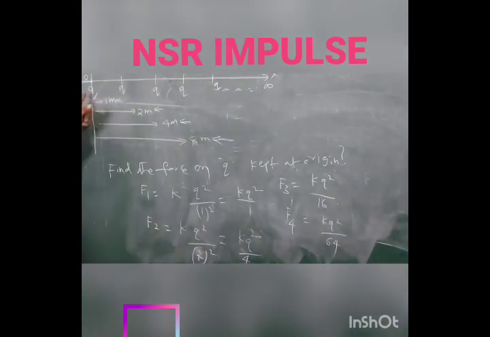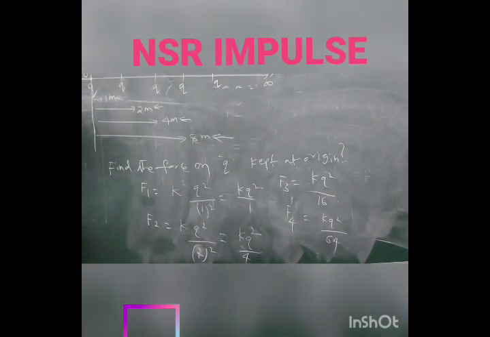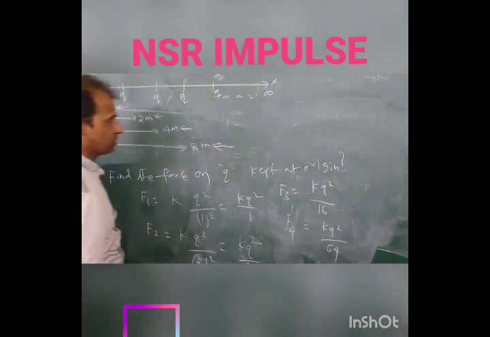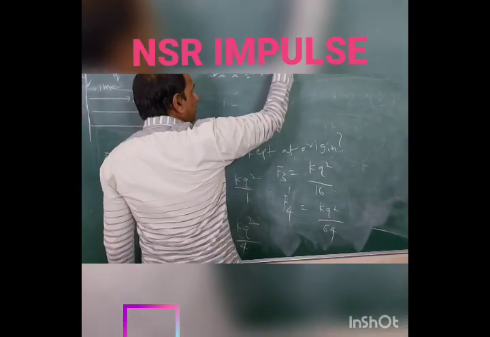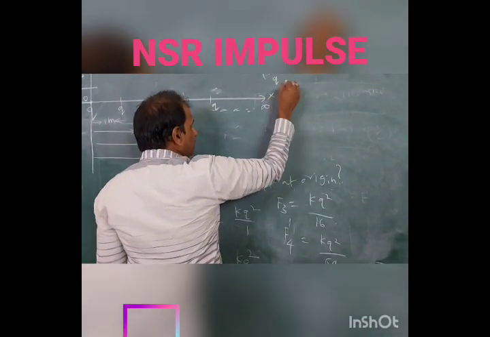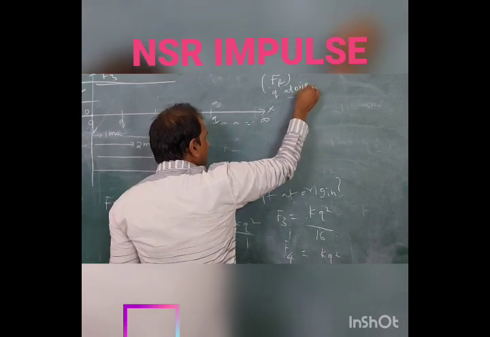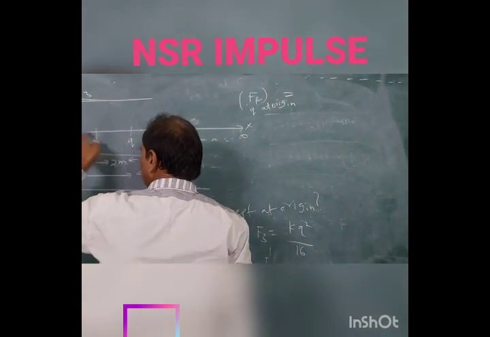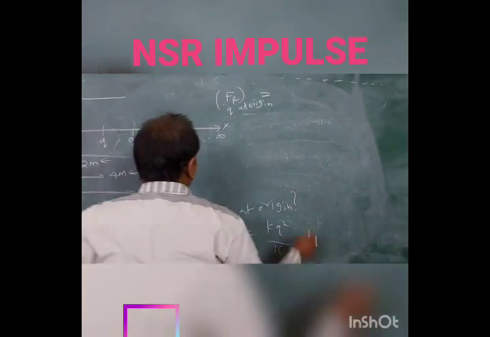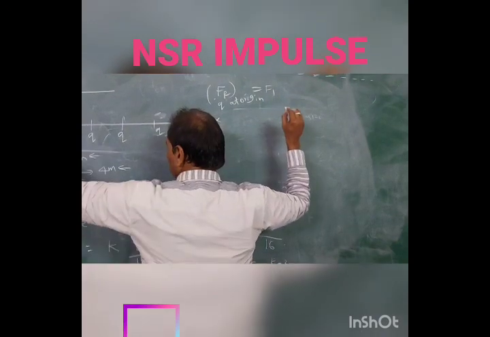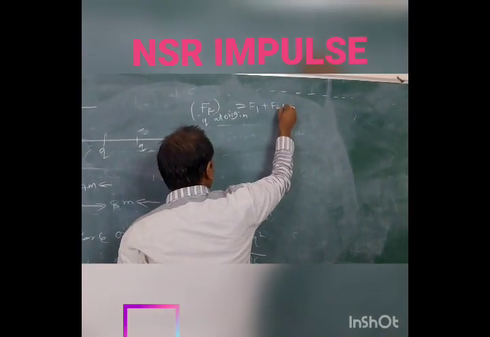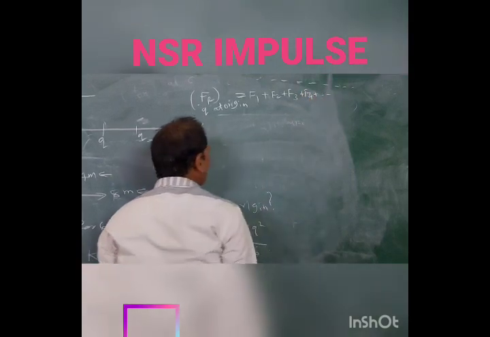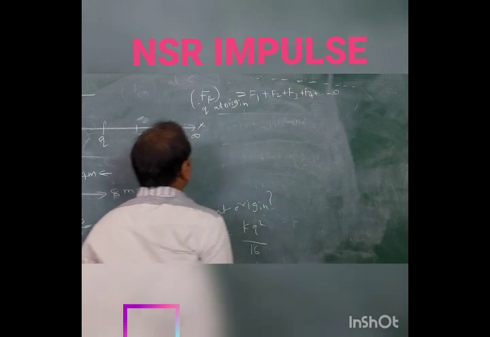How many forces are acting on this? F1, F2, F3, F4, like this, how many charges? How many forces? Infinity forces. That's why the resultant force on Q kept at the origin: all forces are in the same direction, F1, F2, F3, F4, etc. So all forces must be added. F1 plus F2 plus F3 plus F4 plus so on up to infinity.